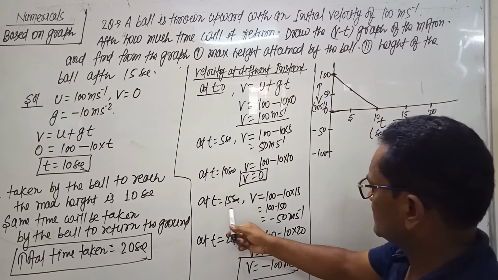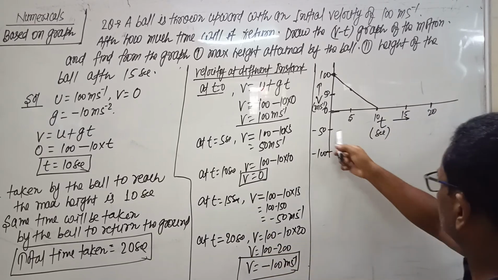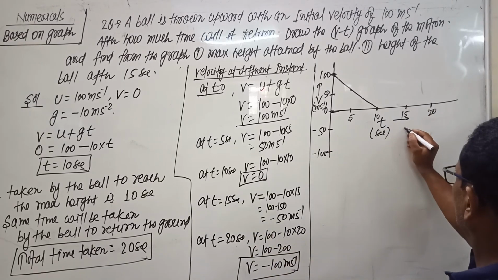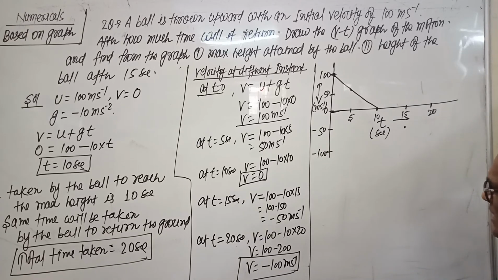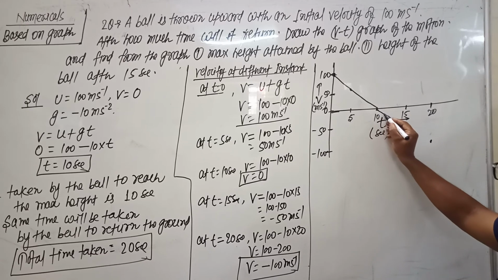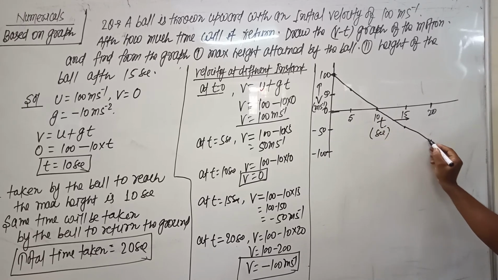Now at t equals 15 seconds, the velocity becomes negative, minus 50, and at t equals 20 seconds, the velocity is minus 100. So this is the graph of the ball in a complete journey.